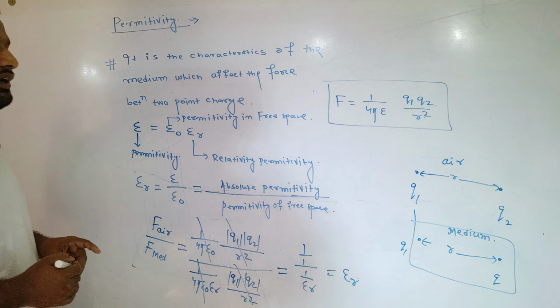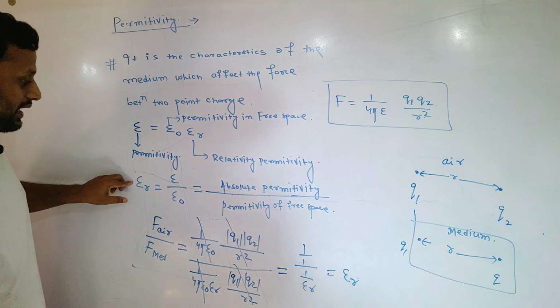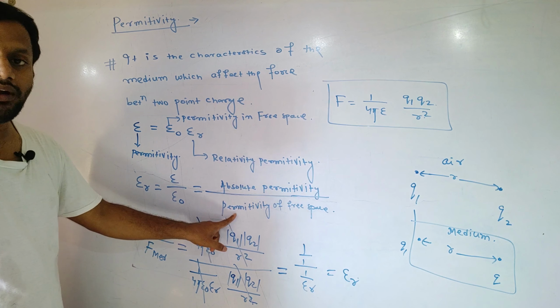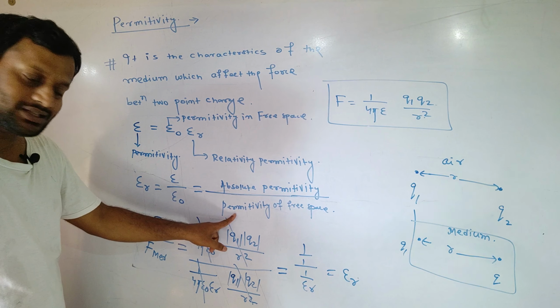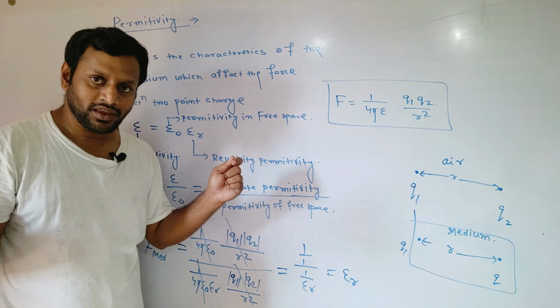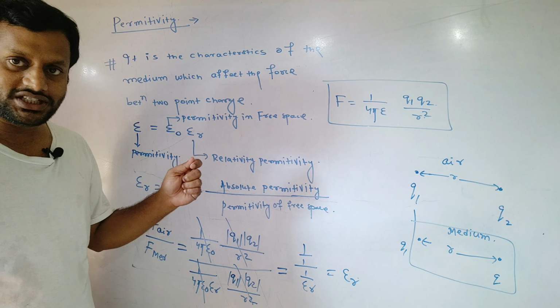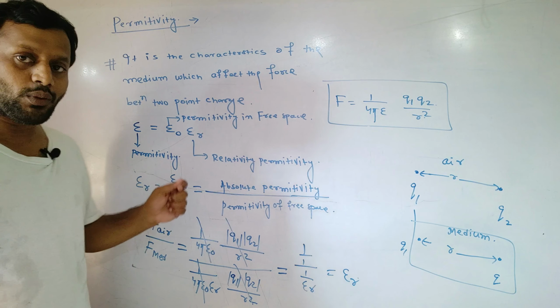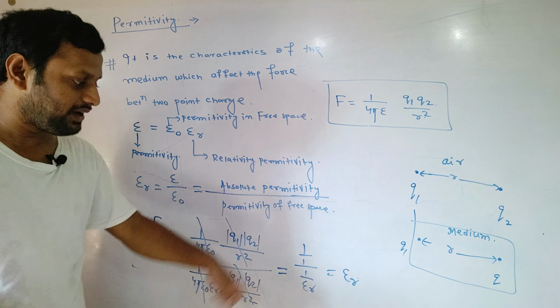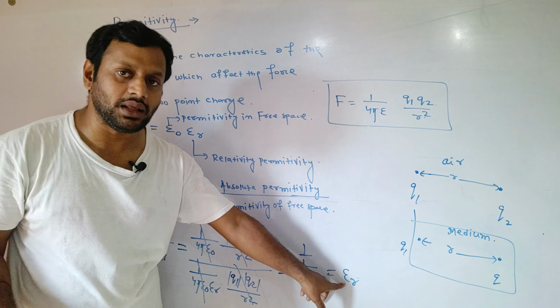So relative permittivity has two definitions. One: absolute permittivity of the medium divided by permittivity of the free space. Definition 2: if there are 2 point charges, calculate the force between them in air first, then calculate the force between them in that particular medium, then simply divide. If you divide it, you get epsilon r.